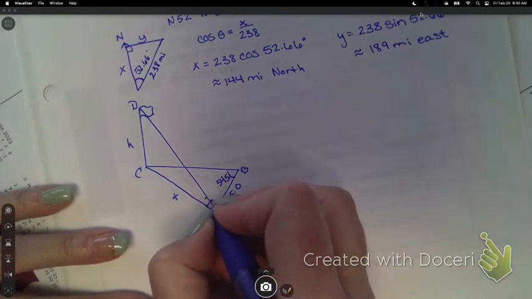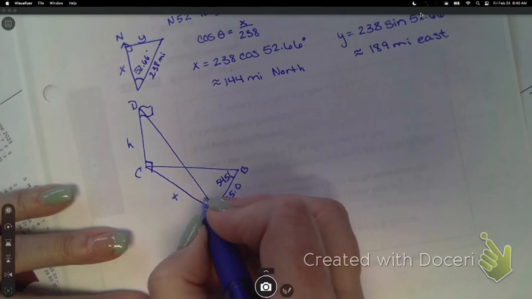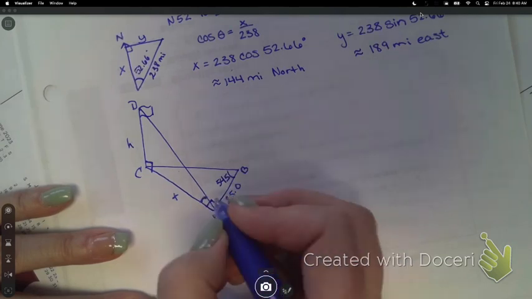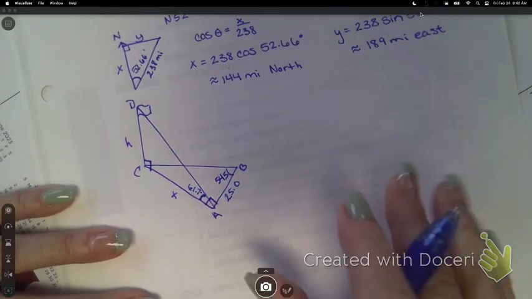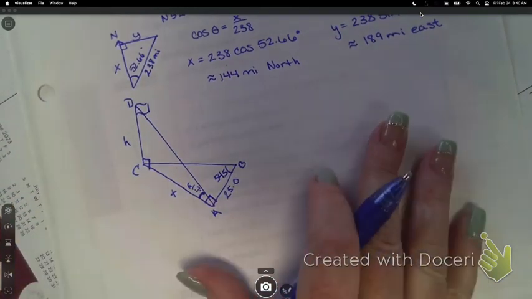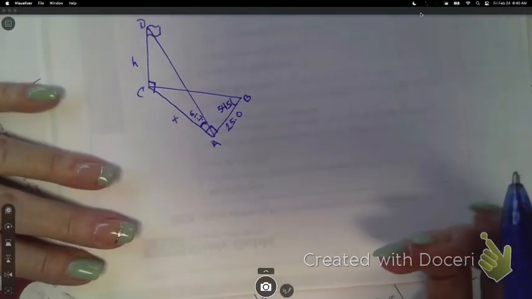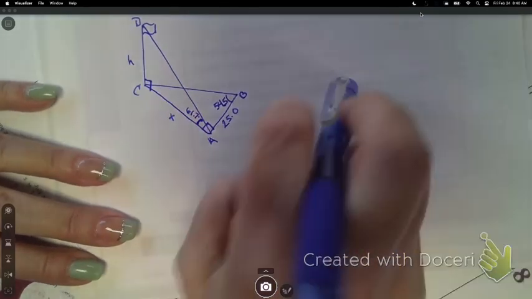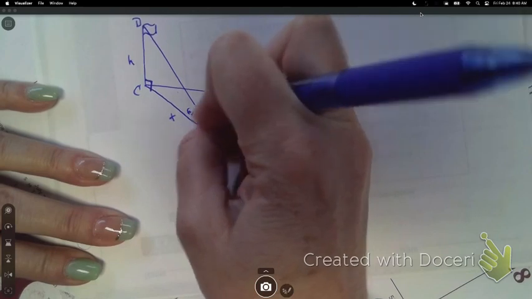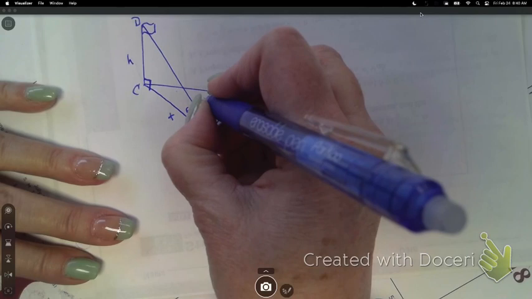Right angle here. Right angle here. And this angle right here is 61.7. What's your other one? 54.5. Is it important for you to draw a big enough picture that you can write on it? Yes.